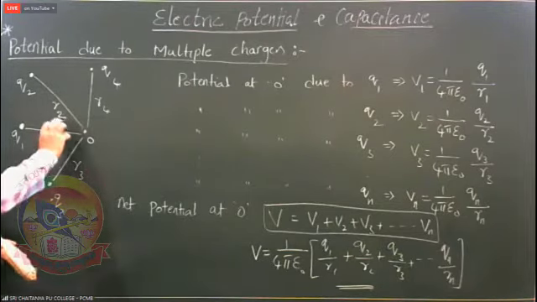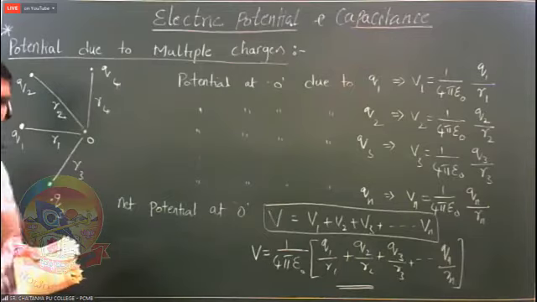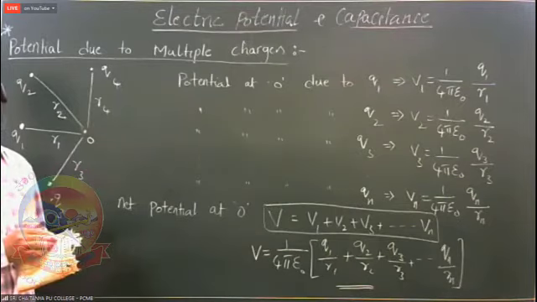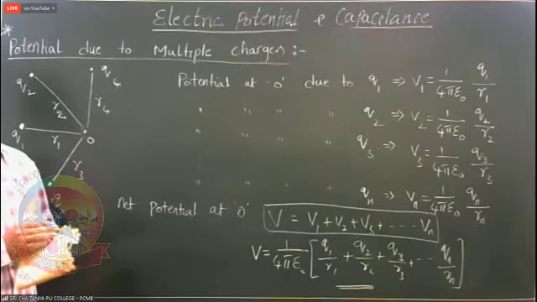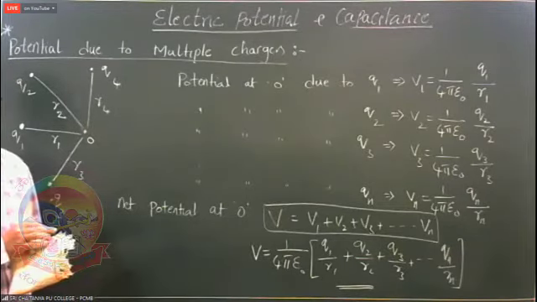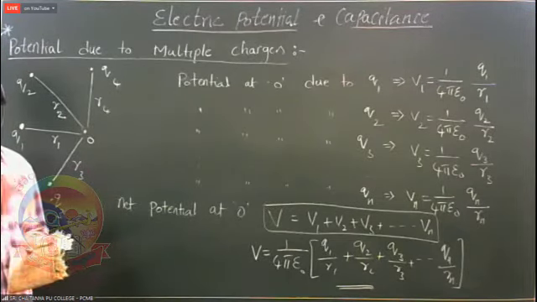If you want to write, you can write the statement. Net potential at a point due to a number of charges is equal to the algebraic sum of potentials due to individual charges at that point.